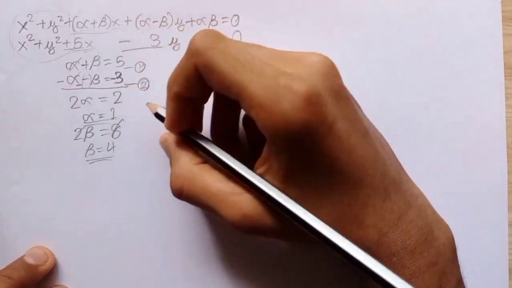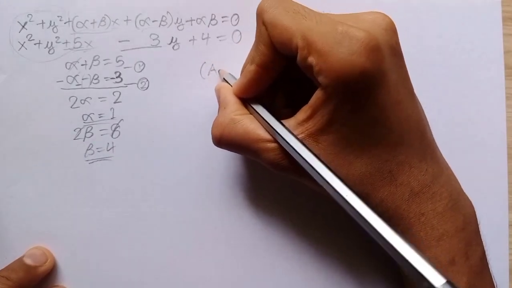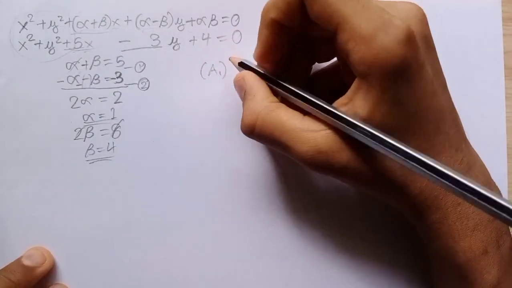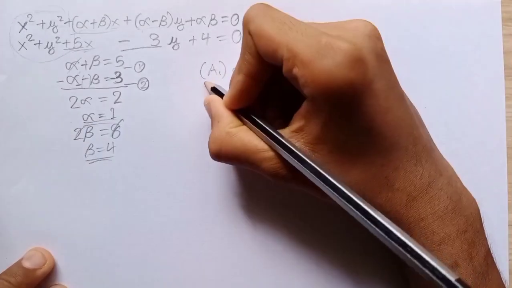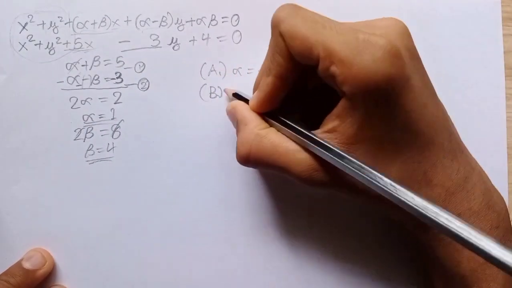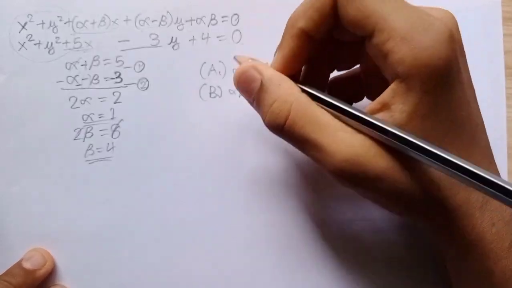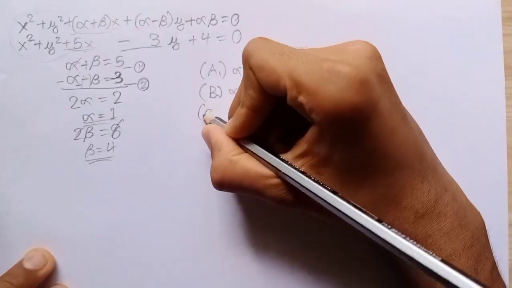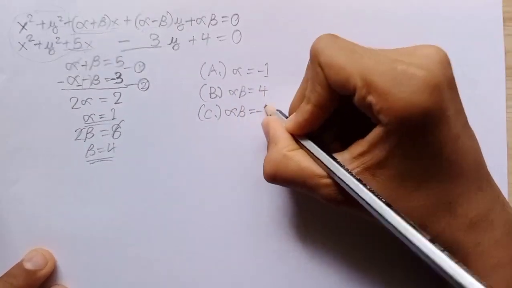Now, according to the options, we have option A says that alpha is equal to negative 1. Our second option says that alpha beta is equal to 4. C option says that alpha beta is equal to negative 4.